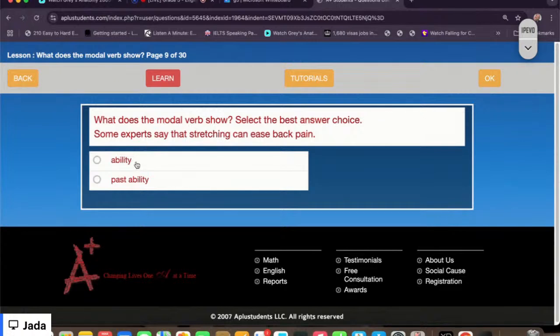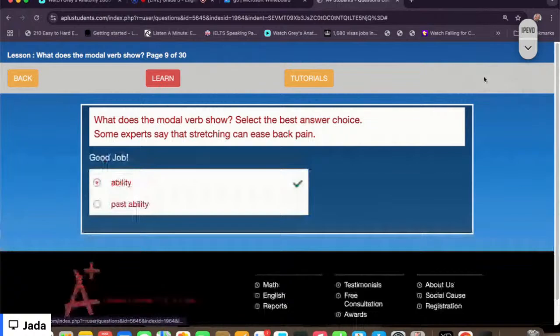All right, so we have ability, something that we can do.